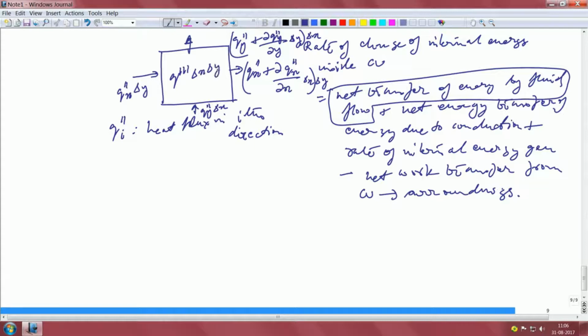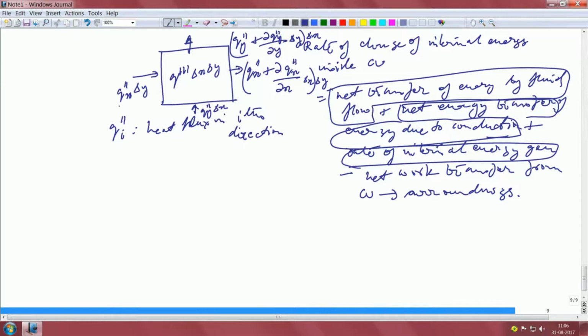So that is given by that. We have covered this term now, plus the rate of internal energy generation. Generation or dissipation, it can be a sink also, so it can be positive or negative. Positive, you put a plus sign, negative, a minus sign.